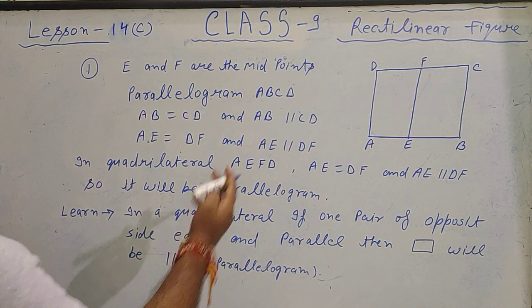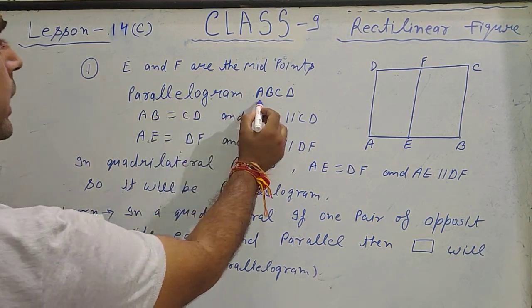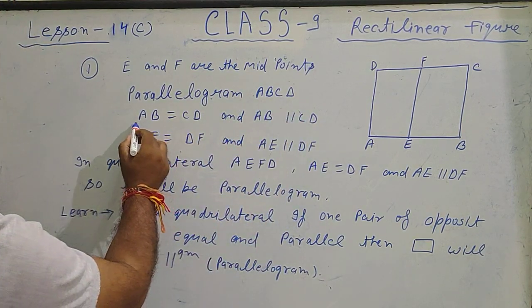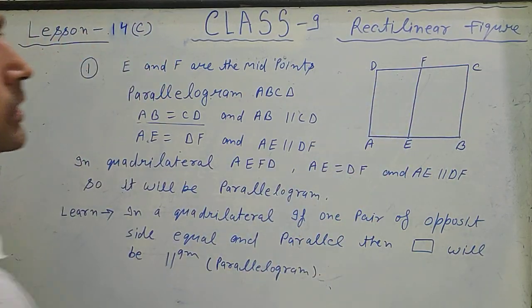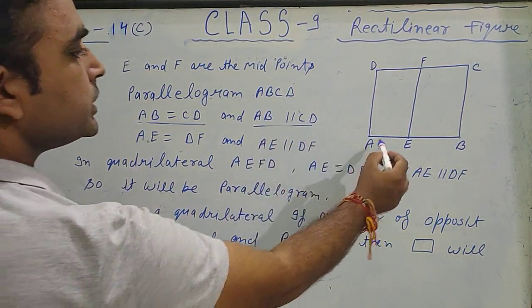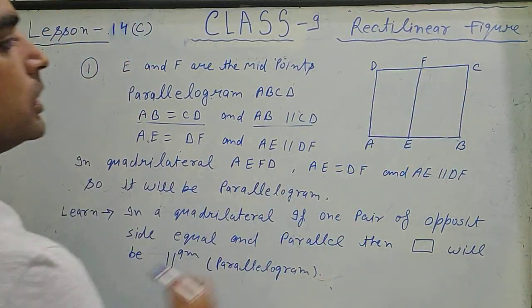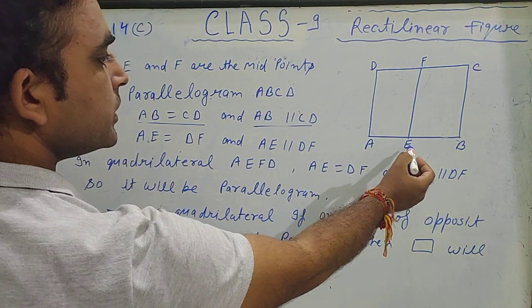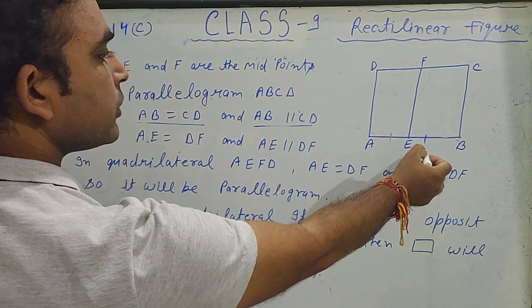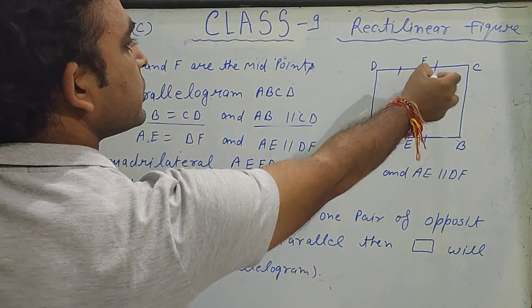So you know very well, in a parallelogram the opposite sides are equal, means AB is equal to CD. This is the property of a parallelogram, and AB is parallel to CD. Now E and F are the midpoints, so this side will be equal to this side.